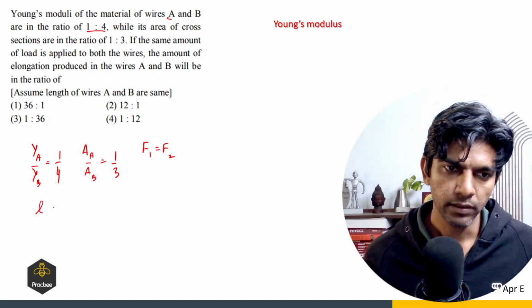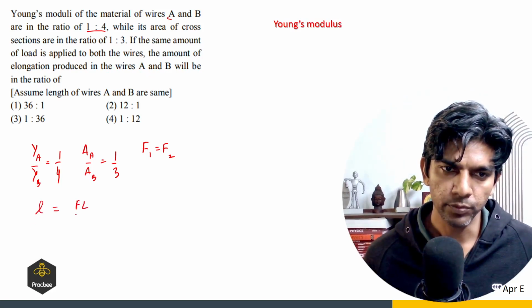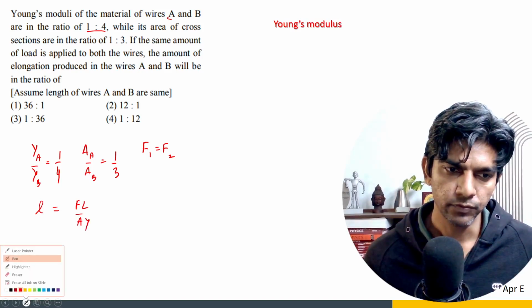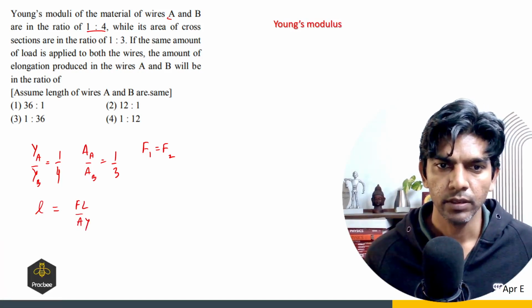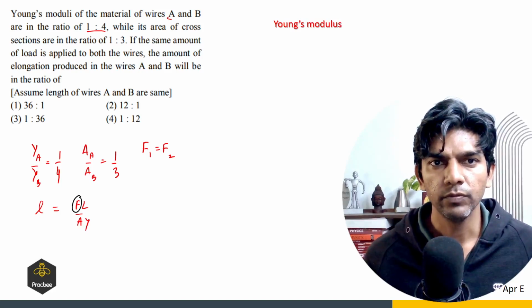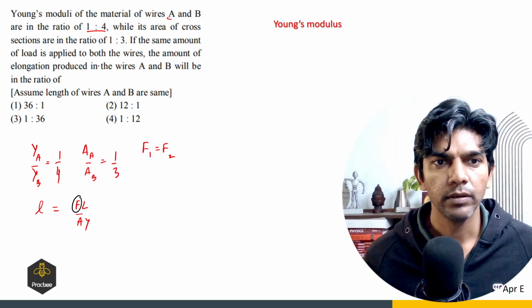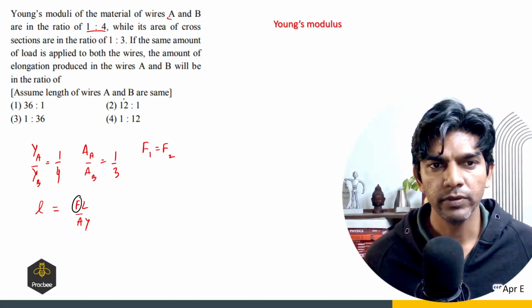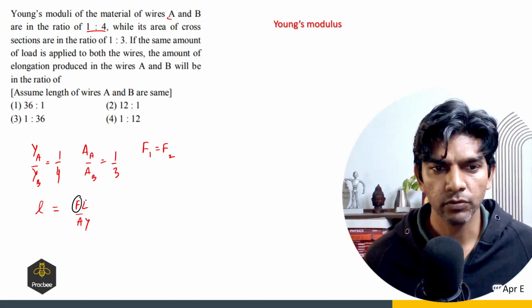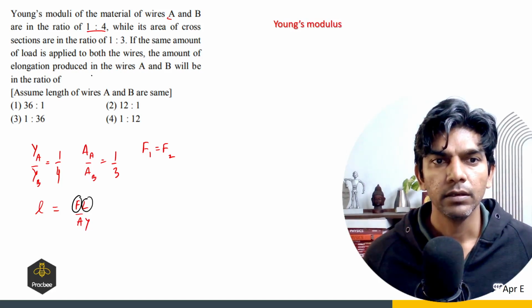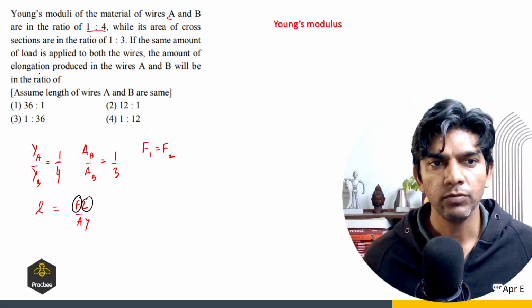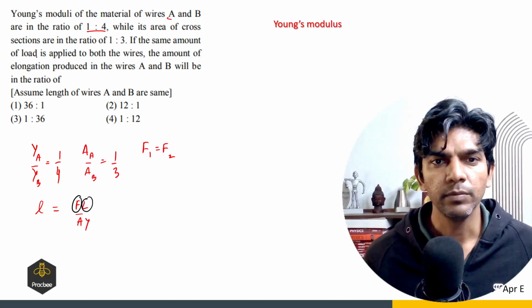So we know that the elongation is FL upon AY, and here for both the wire we are exerting same force, and assuming length of the wire to be same, so their lengths are also same, and we have to find the amount of elongation.